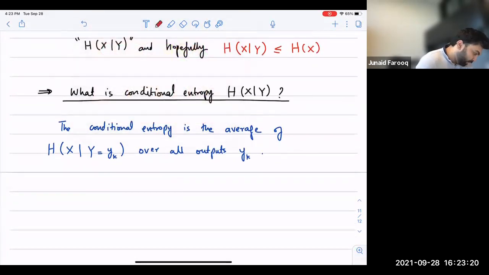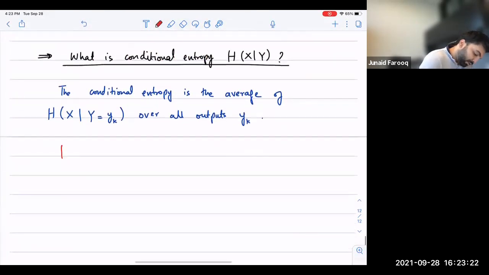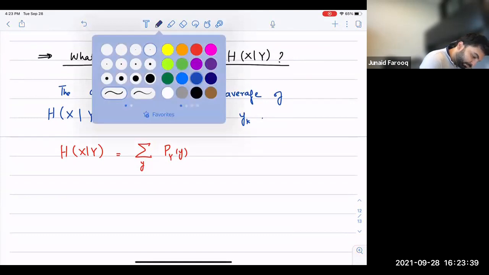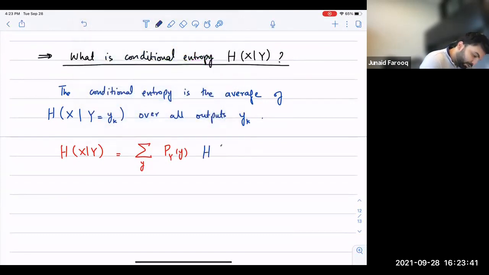In other words, H of X given Y is actually the ensemble average over all H of X given Y equals small y. So it's the average over all conditional entropies.